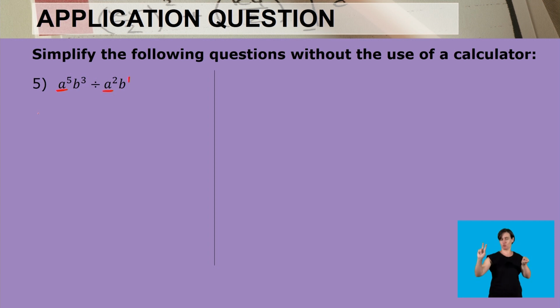So how are we going to work at this? Now, looking at the a's, this is going to be a, and it's going to be a 5 minus a 2. Why are we choosing the exponent 5 and the exponent 2? Because they have the same base. Then we also have the b, and that is going to have as an exponent a 3 minus 1.